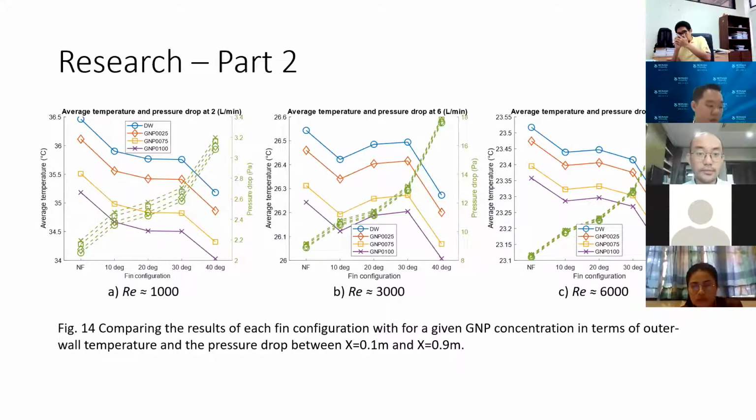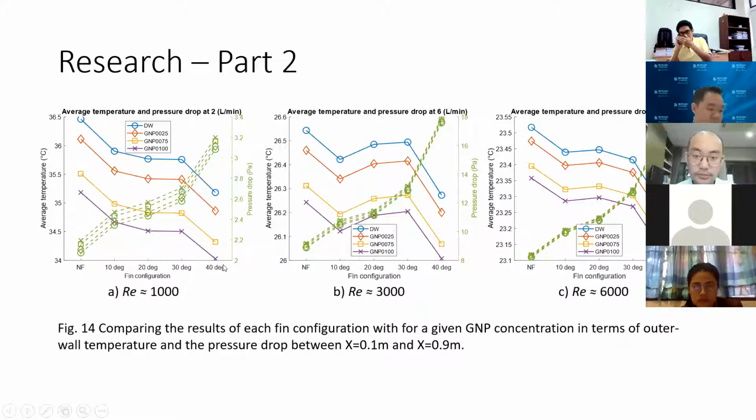Okay, we have three Reynolds numbers here, which are 1,000, 3,000, and 6,000. As you can observe, when the angle increases from 0, which is a non-fin, to 40 degrees, the temperature drops, and this shows that the highest heat transfer is achieved at the highest angle, which is 40 degrees.